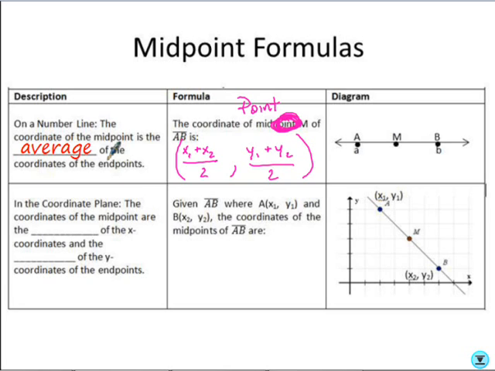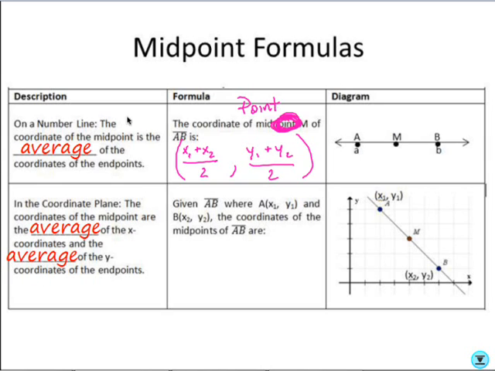In the coordinate plane, the coordinates of the midpoint are the blank of the x coordinates and the blank of the y coordinates of the endpoints. So again, this is just average. The coordinates of the midpoint are the average of the x coordinates and the average of the y coordinates.